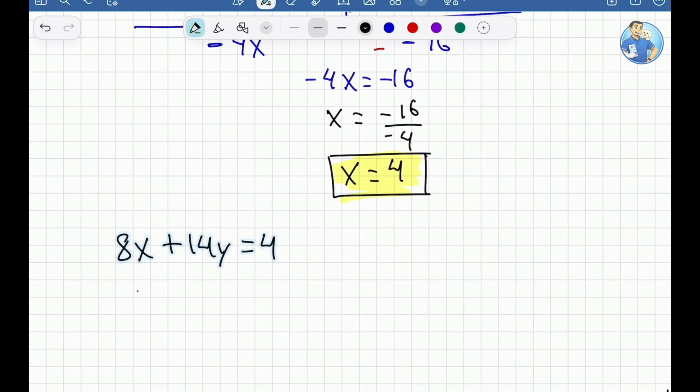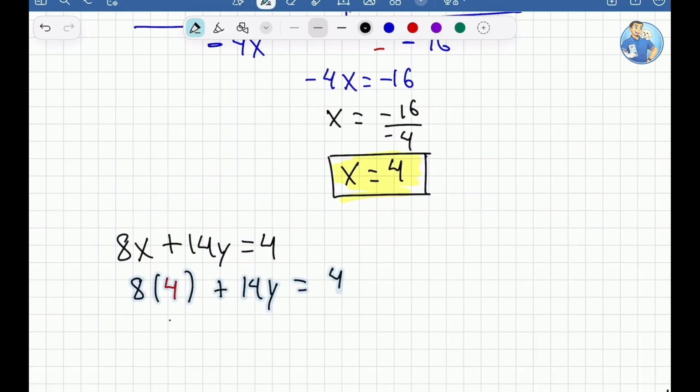So we have 8 times 4, this is x, plus 14y equals 4. Now this equation becomes a linear equation with one missing variable, so we can solve for y.